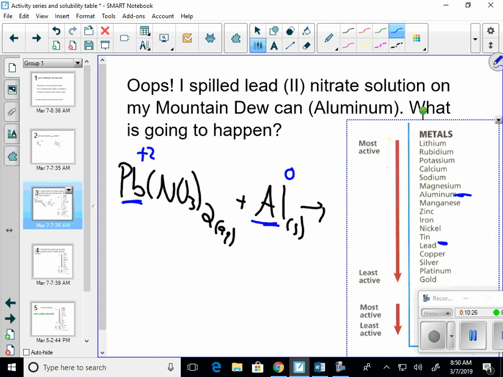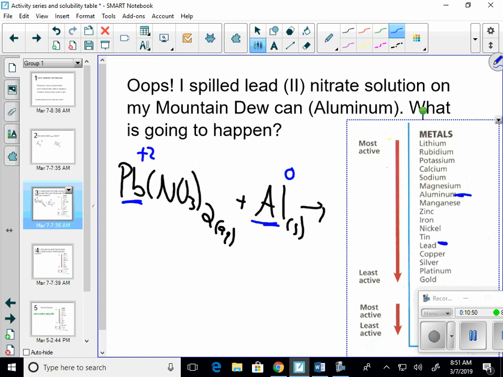If the lone element is higher on this list than whatever is in the compound, the trade does happen, because the more reactive thing is going to become the ion form. So in this particular reaction, if I were to spill lead-2 nitrate on my aluminum can, it would react.